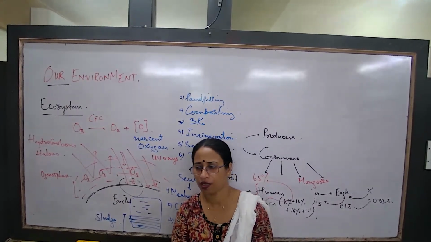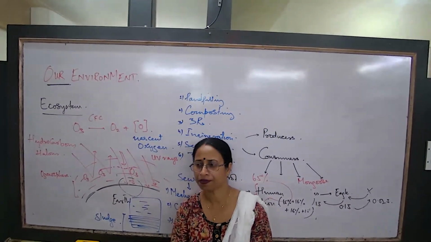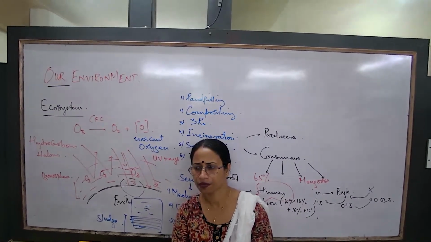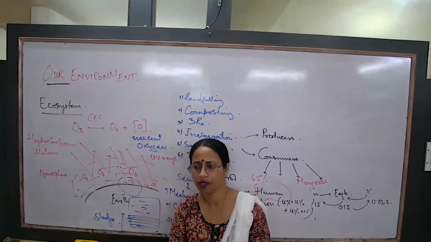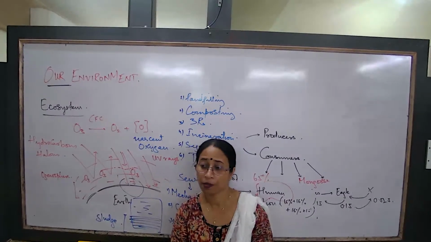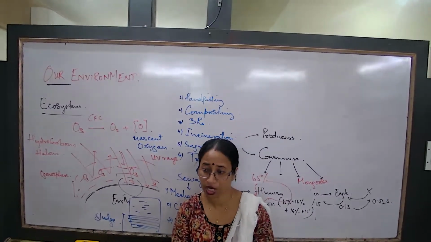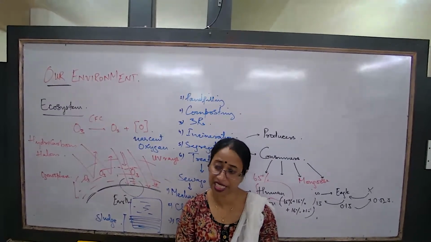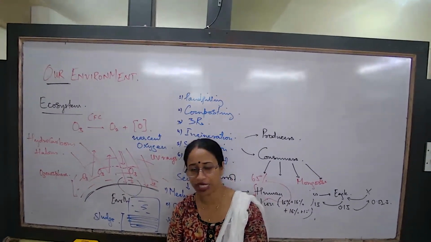Then in the small intestine, in duodenum, the enzyme secreted by pancreas, trypsin, breaks down these peptones into peptides. And last step, peptides will be broken down by intestinal enzymes into amino acids.